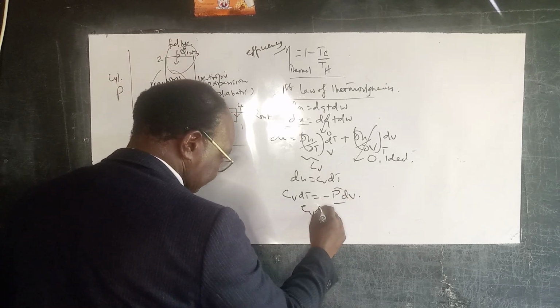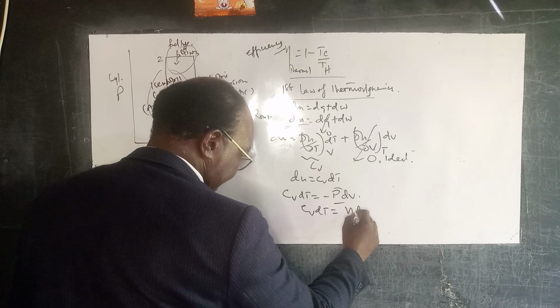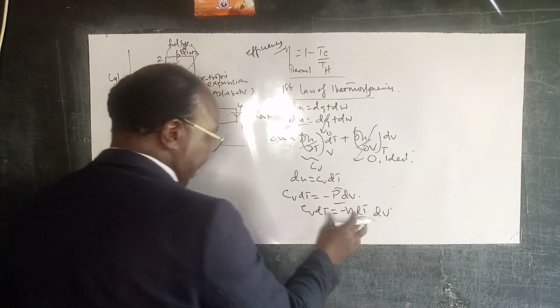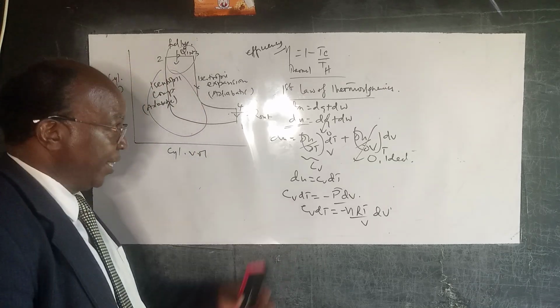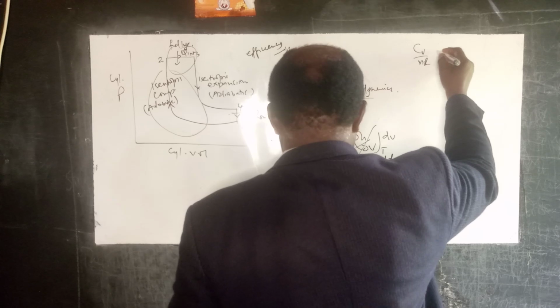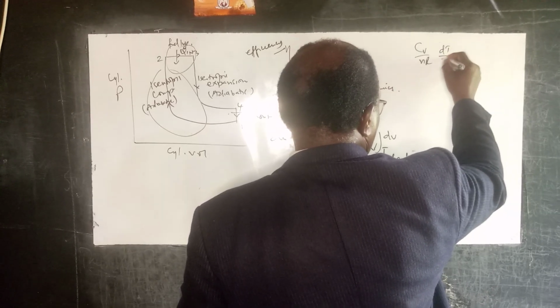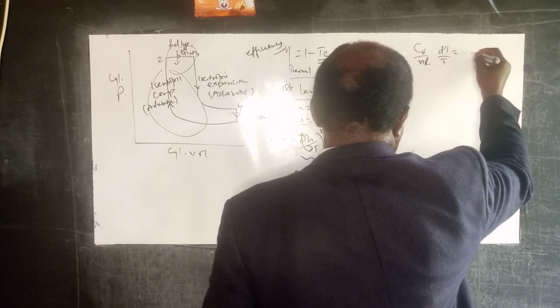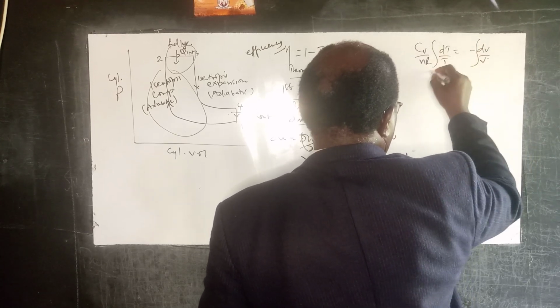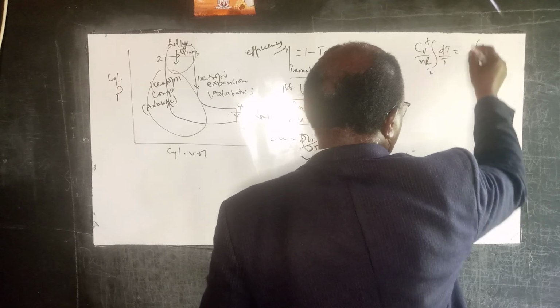So we have Cv dT equals minus nRT over V dV. If we divide by T throughout and rearrange, we have Cv over nR dT over T equals minus dV over V.